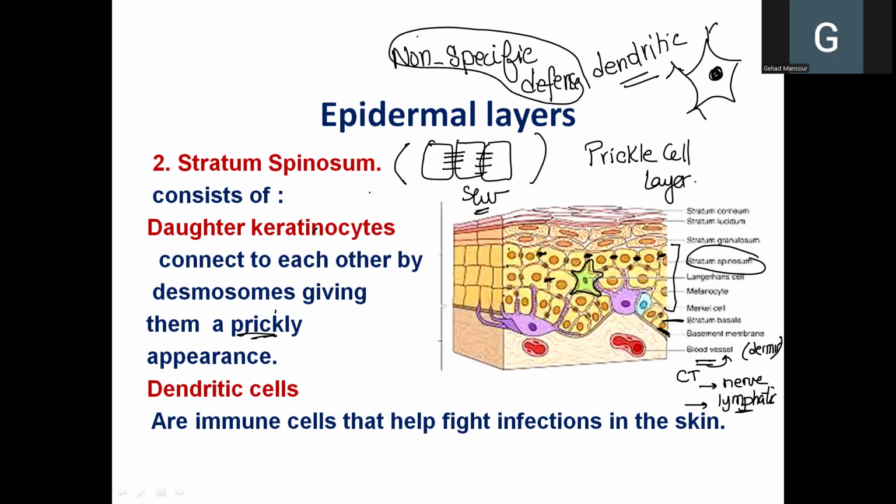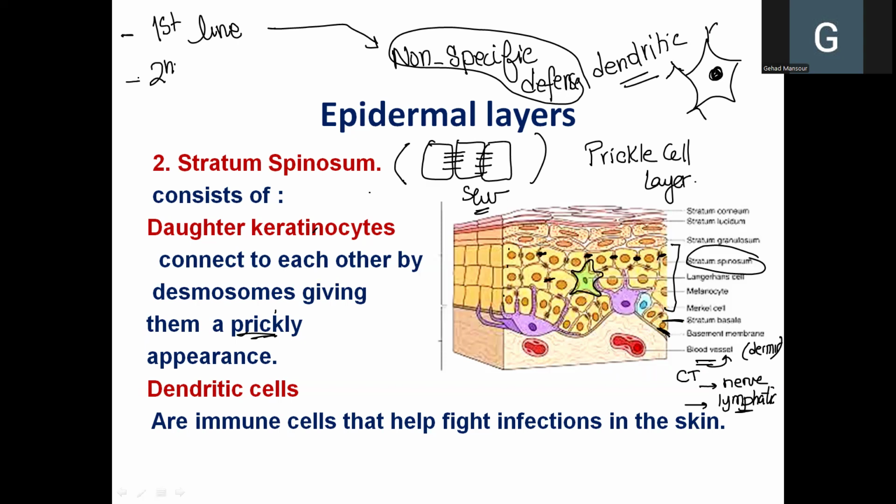One is non-specific, a group of cells that can attack any kind of microbe, viruses, bacteria, fungi, foreign bodies, whatever. So this is not called immunity. This is the first line of defense in the body, and the first line of defense is usually less specialized. So we call them non-specific defense mechanisms. This is the new terminology.